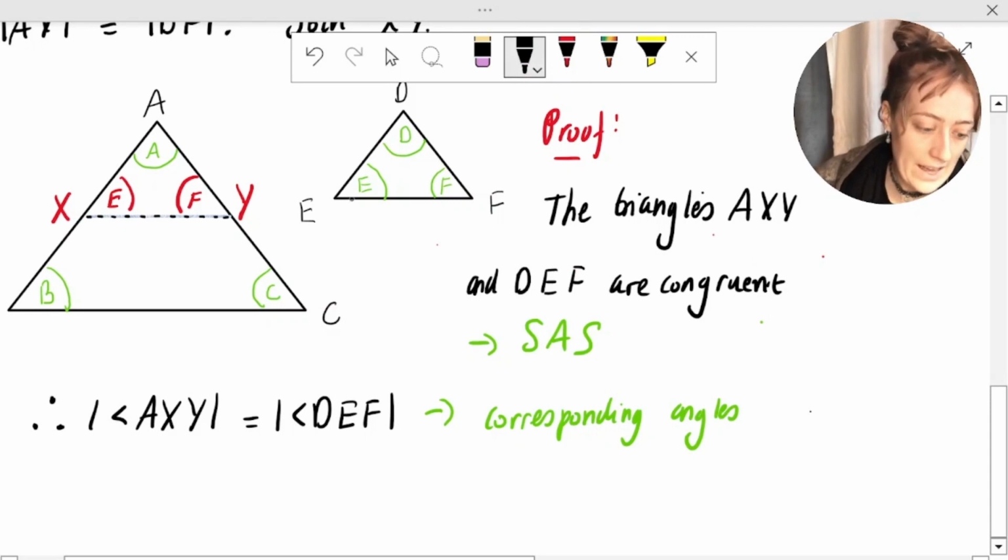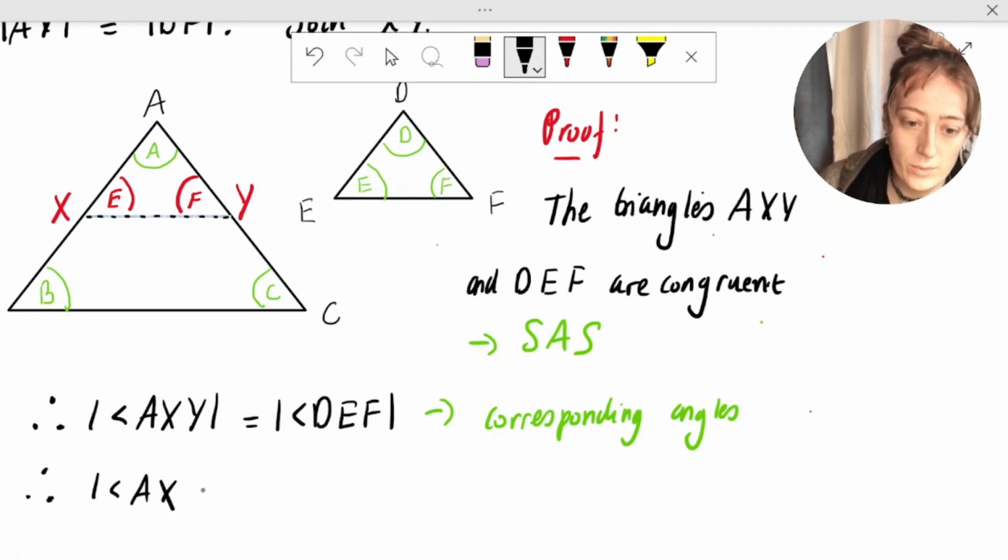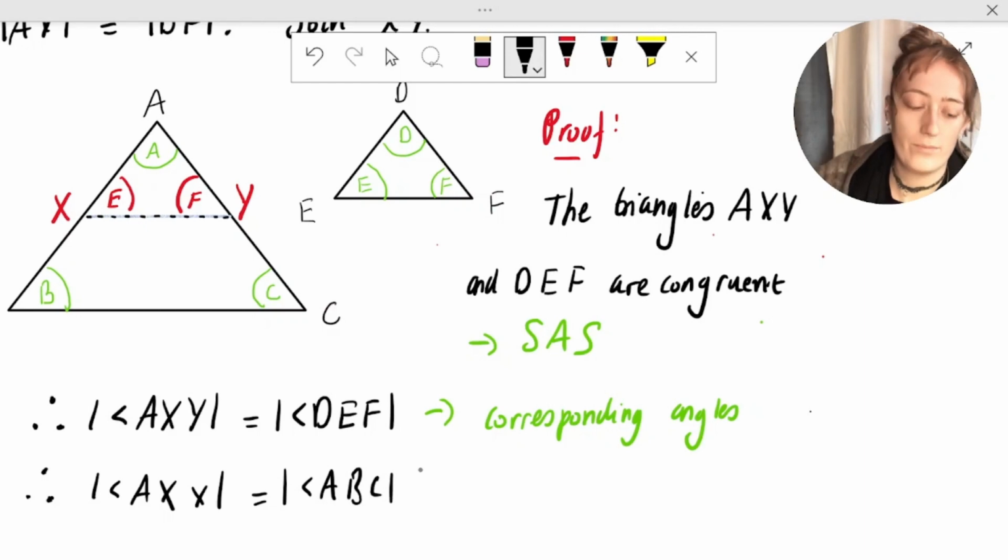Now we already said that the angle B here was equal to the angle E, and if these angles are equal to each other, then these ones must also be equal to each other. So therefore, angle AXY is equal to angle ABC. Okay.